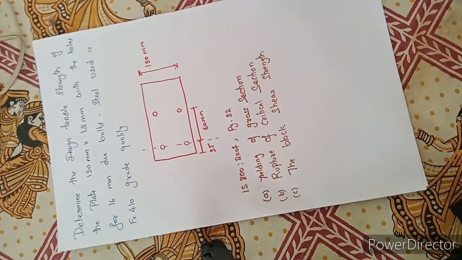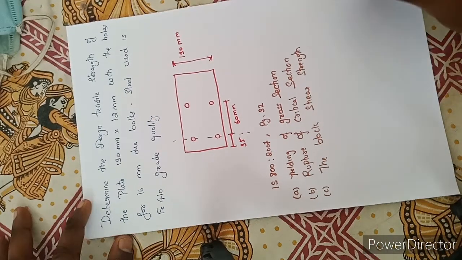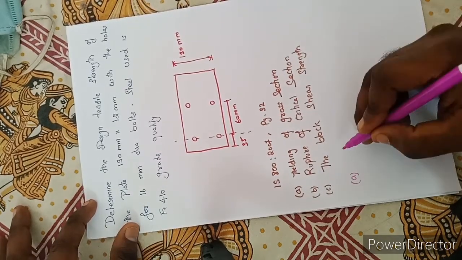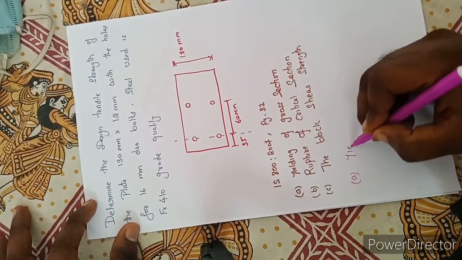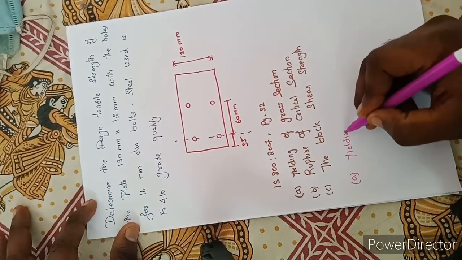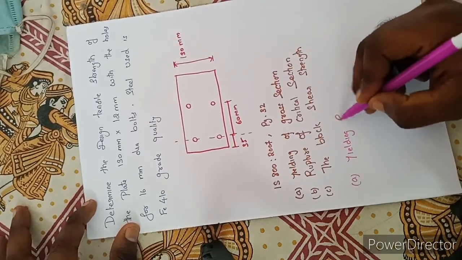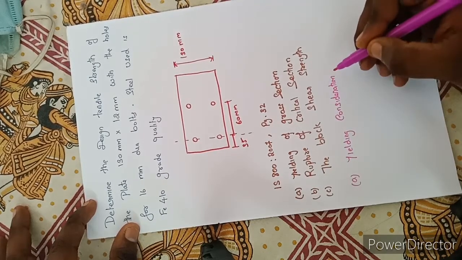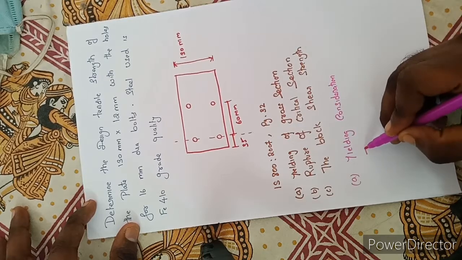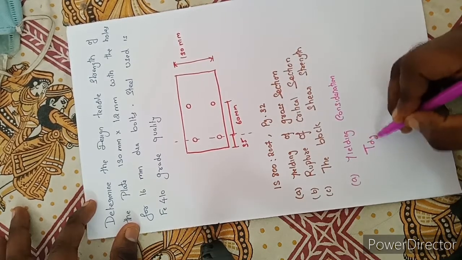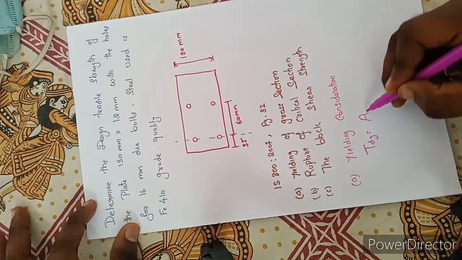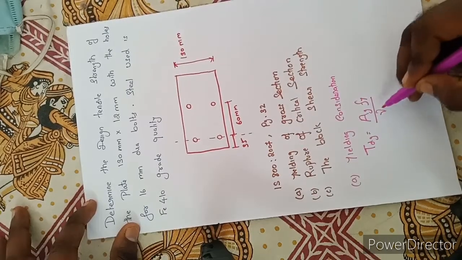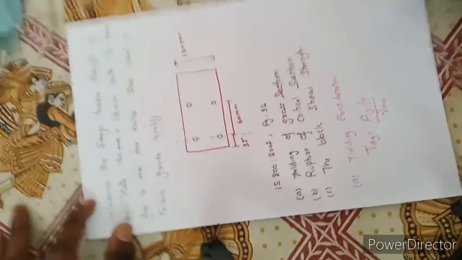Okay, so number one, from yielding consideration, we have a formula Tdg equals Ag Fy divided by gamma m0.